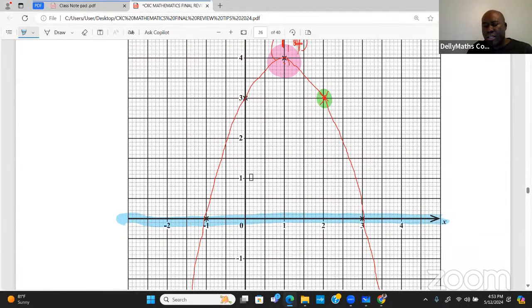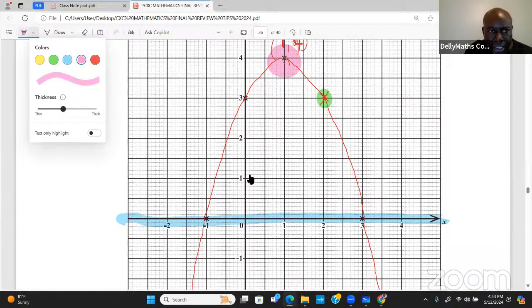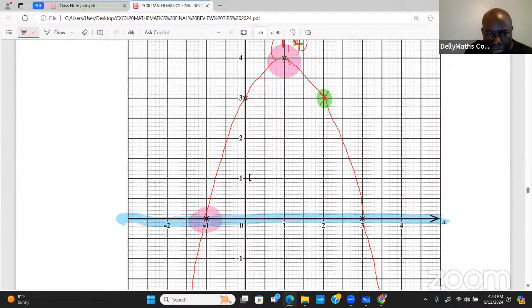So the question is saying we are looking at the x values for which the graph is above that blue line. Now the x values, I'm going to put markers here. Take a look: 1, 2.